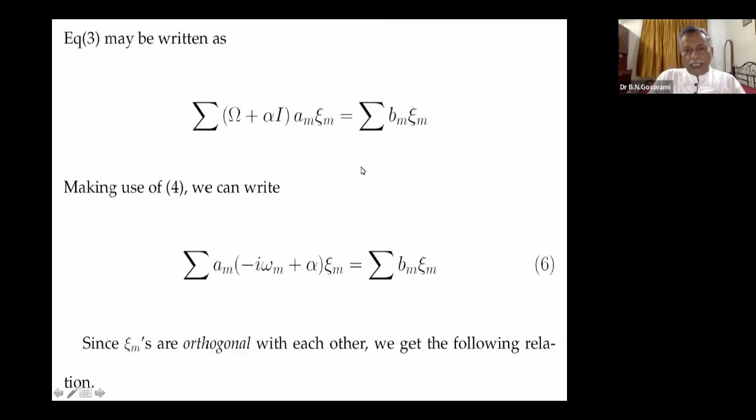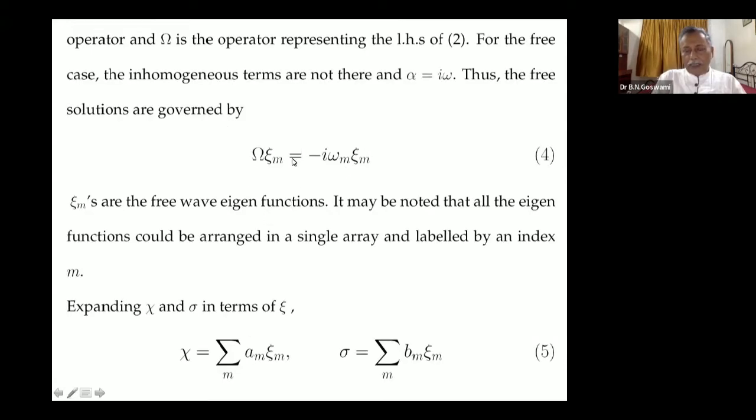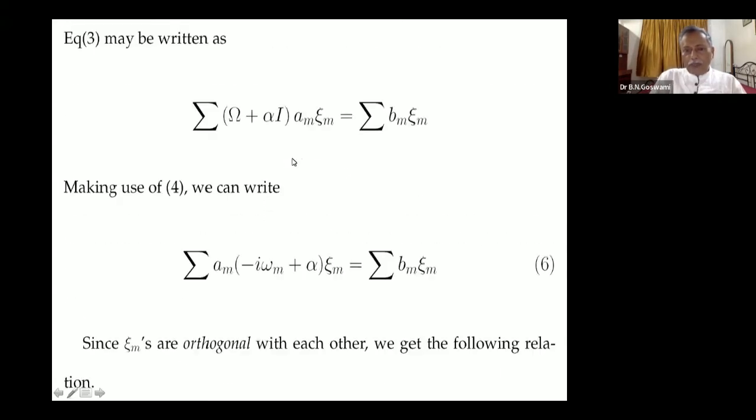If we do that and put them back into these equations, you get a similar set of equations, and this M is the whole set of possible eigenmodes that are there. We can use the relationship for the free modes.